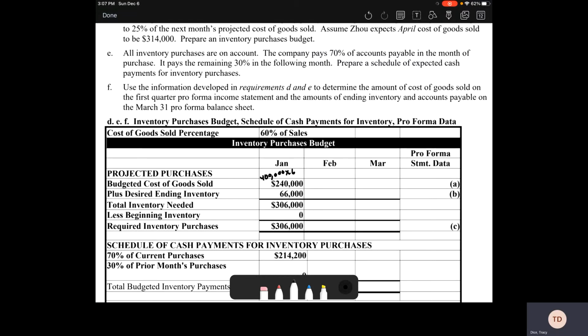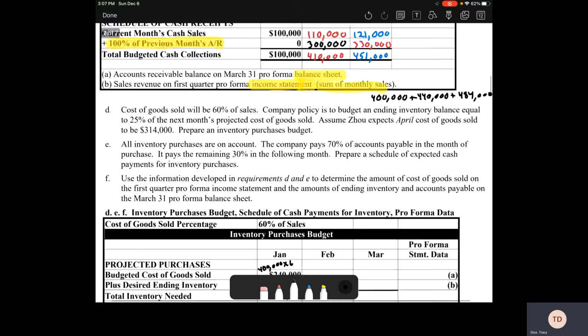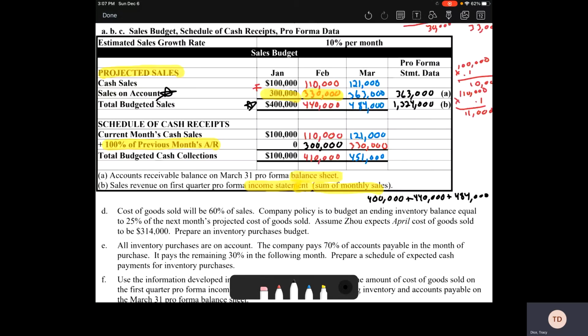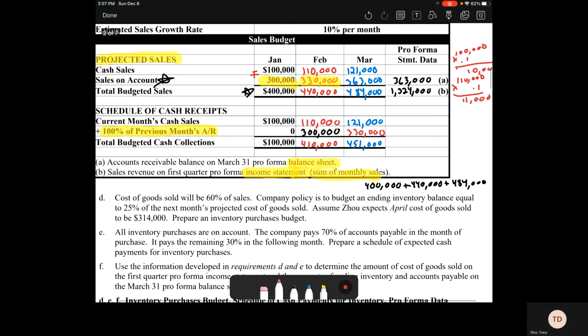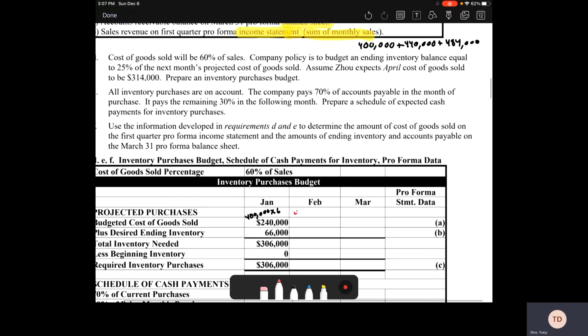So now we need to do that same concept for February and for March. So looking at your sales, we got 440 in February. So 440,000 times 0.6. And when we do that, we should find that that would be $264,000.